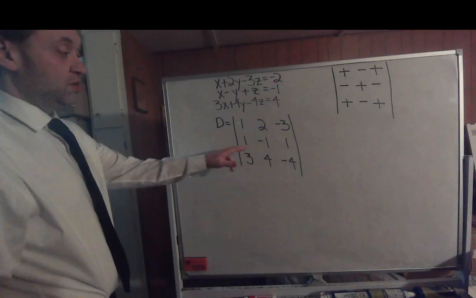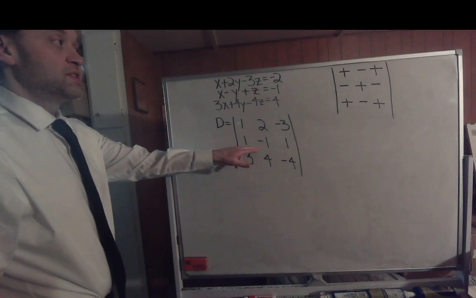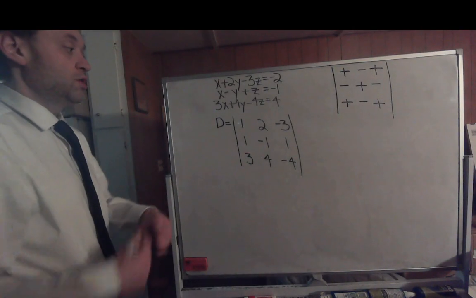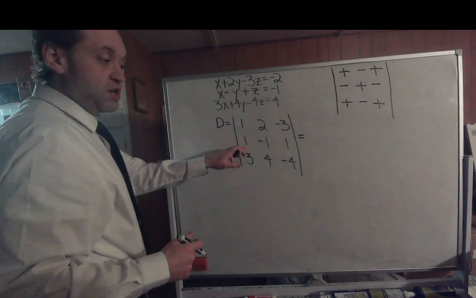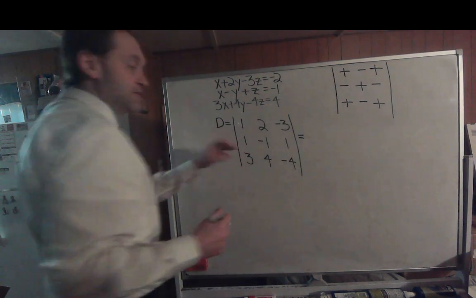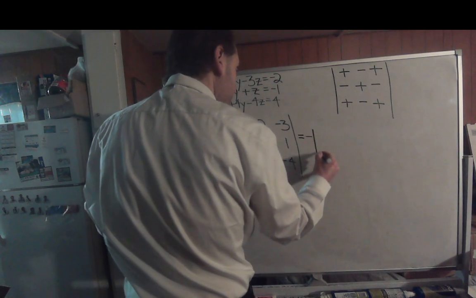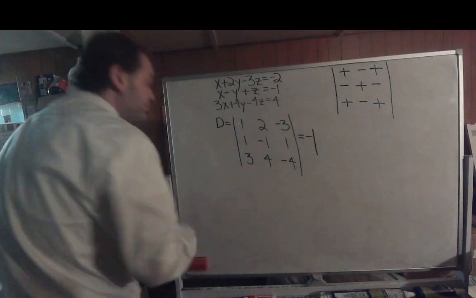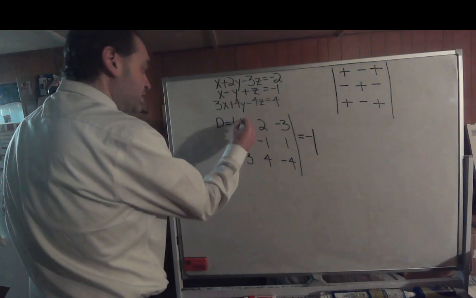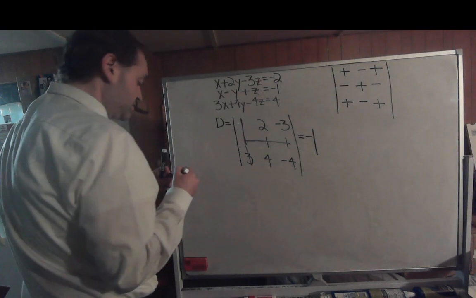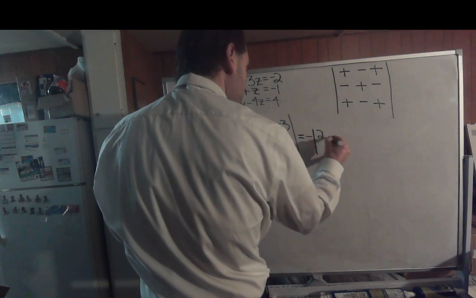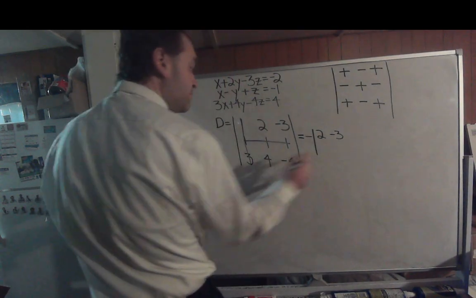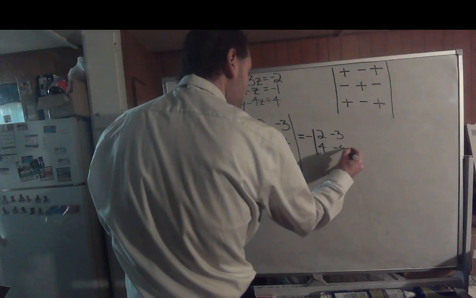And if we look at the second row, we have all ones. So I'm going to say we work with the second row. So let's look at the first entry of the second row. The first coefficient's a +1, but according to my sign matrix, I need to negate that +1. So it's going to be negative of whatever determinant's left over, because I have to strike out both the column and the row in which that occurs, giving me a remaining 2x2 determinant of 2, -3, 4, and -4.